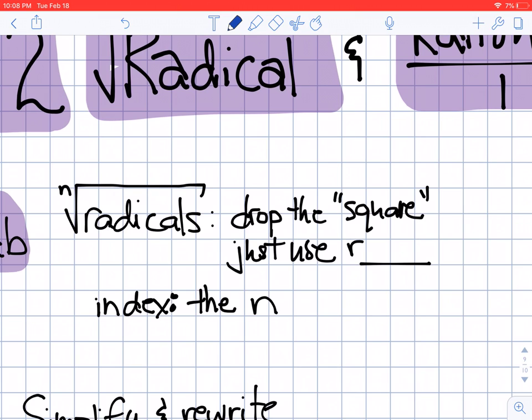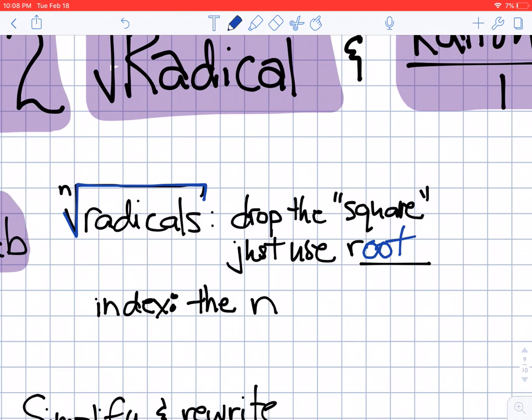Okay, so a radical can be called a root. Just don't call it a square root anymore, because that's not what we're dealing with anymore. All right, again, this is the radical sign, or you can call it the root sign.